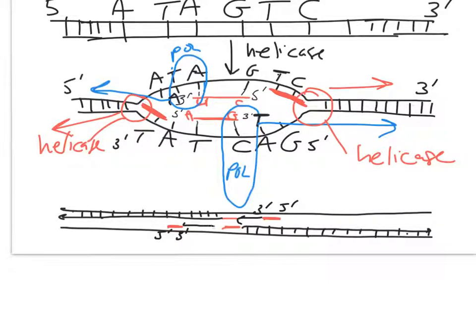Polymerase grabs onto the 3' end, synthesizes, whack, runs into the 5' end of an already synthesized strand. So replication stops. What has to happen next? More primers, more replication, more primers, more replication. So what are these?